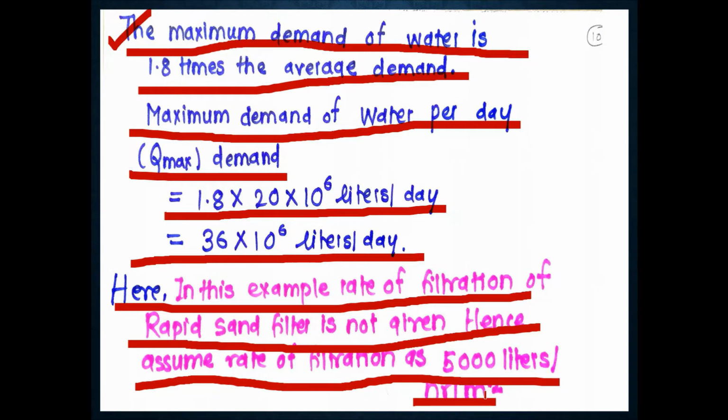Because we know the range for a rapid sand filter, which we have seen in the previous class: 3000 to 6000 liters per hour per meter square of filter area. Similarly we have to use it, and we get the value as 5000 liters per hour per meter square of filter area.